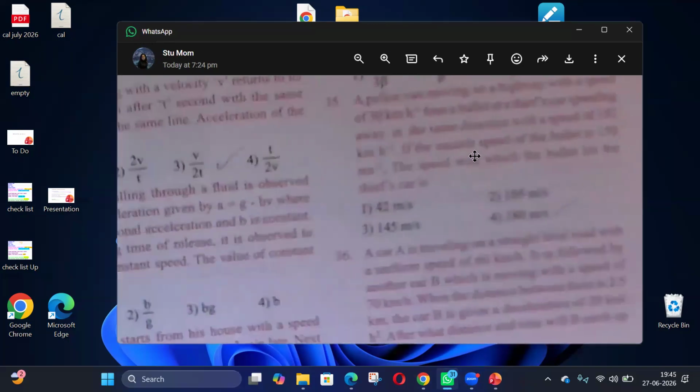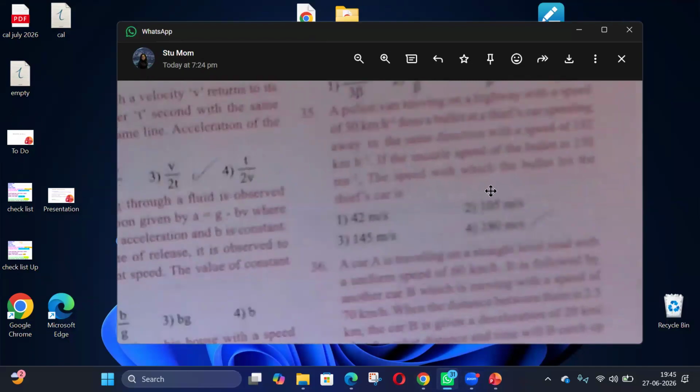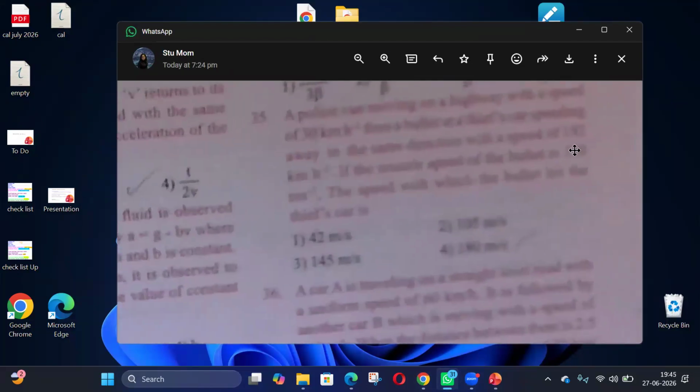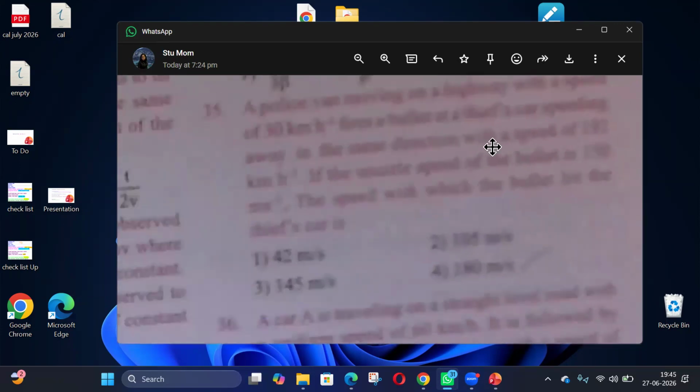The police van moving on a highway with the speed of 30 kilometers per hour... from a bullet of a thief car speeding away... Oh, it's very bad.